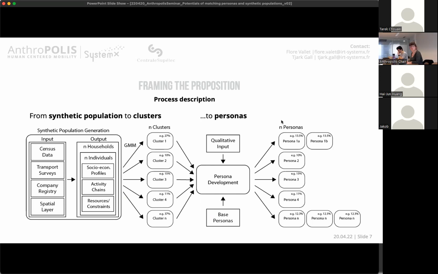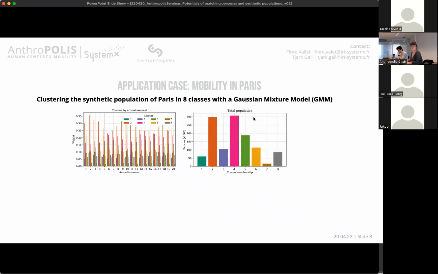And in order to have multiple personas, we're going to cluster this population and build the personas based on the clusters, and also add some qualitative inputs to do that.